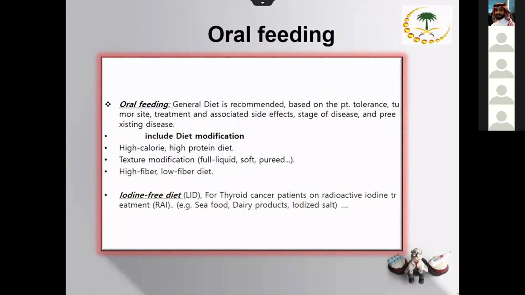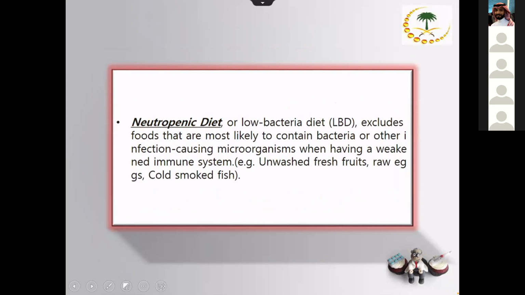Other kinds of diet could be an iodine-free diet, for those who are already under treatment. A neutropenic diet, which is a low bacterial diet, we can also recommend for some patients according to their labs.